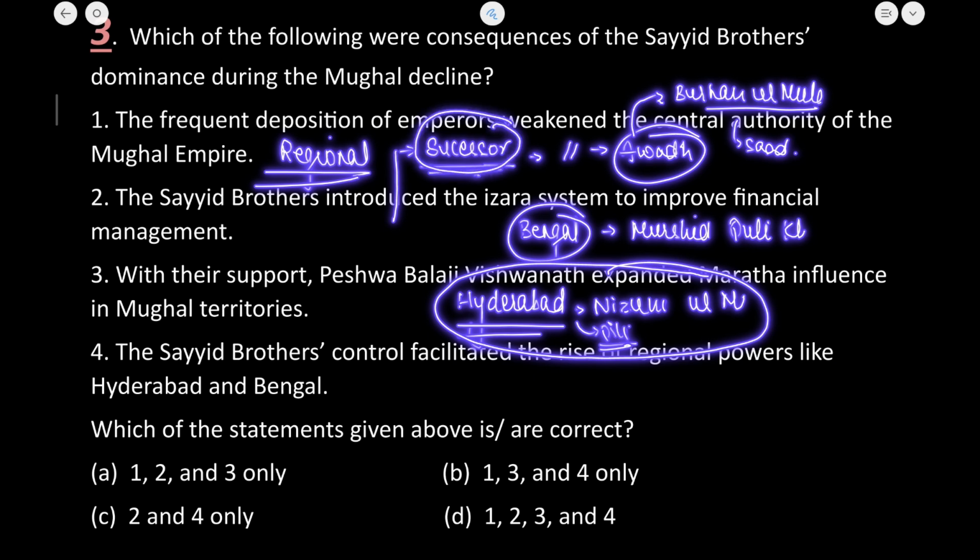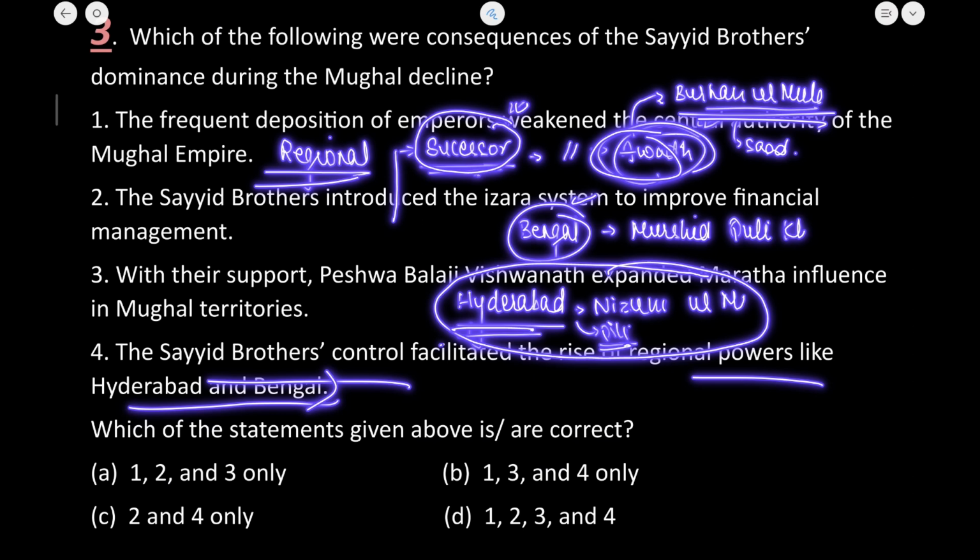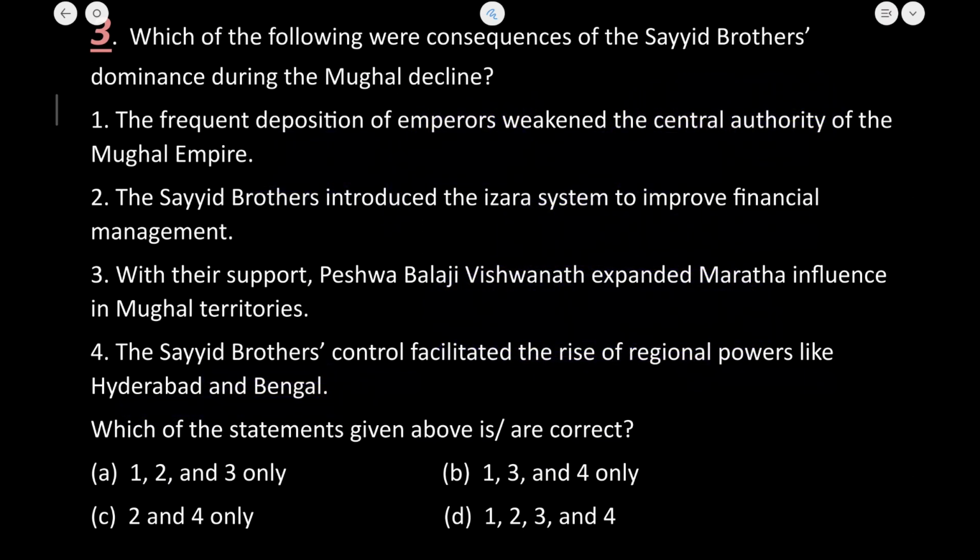So some of these were successor states: Awadh was earlier a part of the Mughal Empire, Bengal was also part of the Mughal Empire, and Hyderabad was also a part of the Mughal Empire. Awadh was founded by Burhanul Mulk. So the Sayyid brothers played a significant role in the rise of the regional powers. Okay, so statement 2 is incorrect, and all the rest of the options are correct. So 1, 3 and 4 is the correct answer to this question.